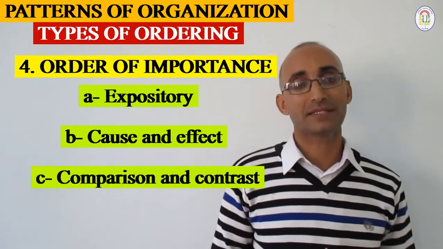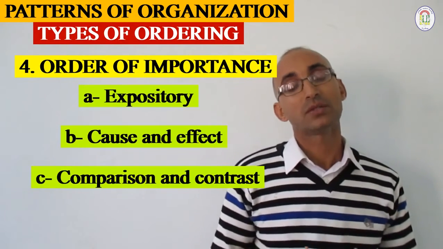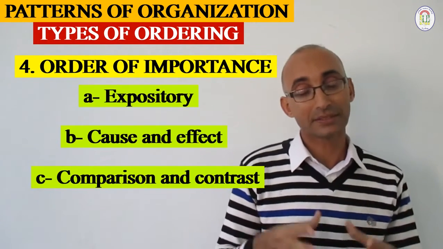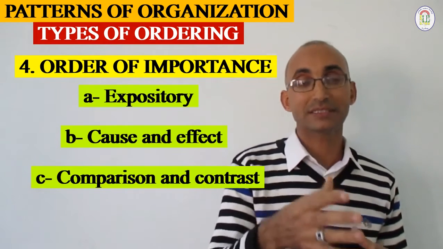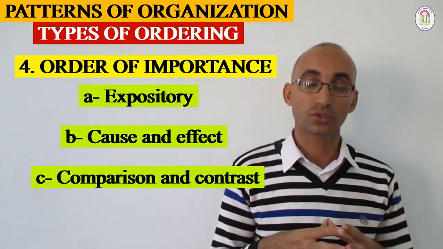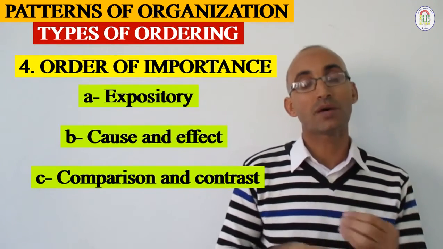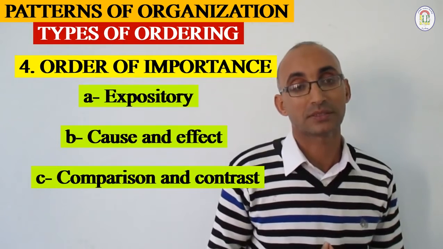Also for points of comparison, the comparison and contrast paragraph, also an essay, and writing and pattern are also within this type of ordering. So always try to order your points of comparison or points of contrast by clear importance.